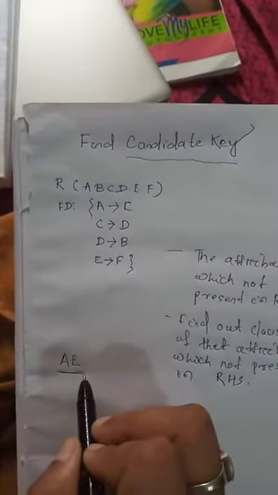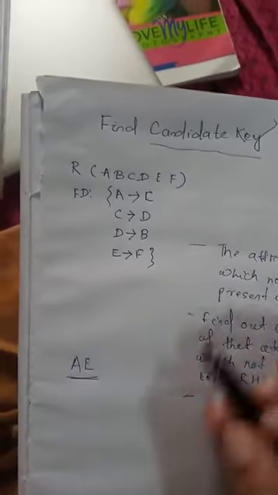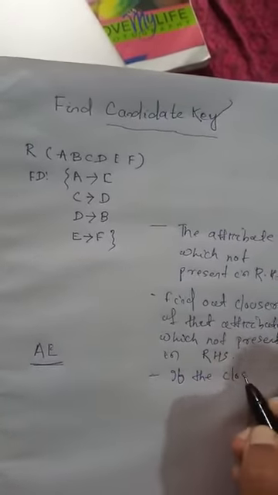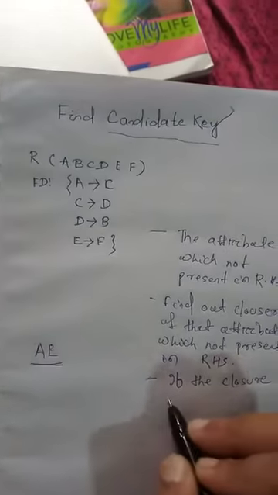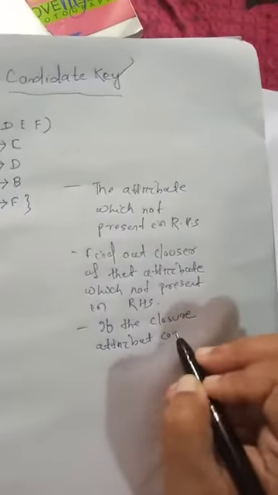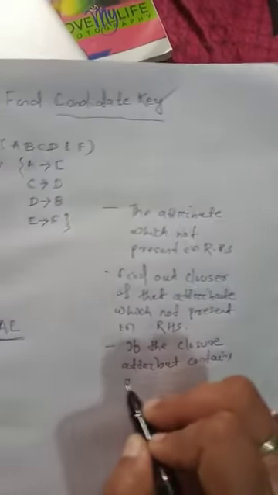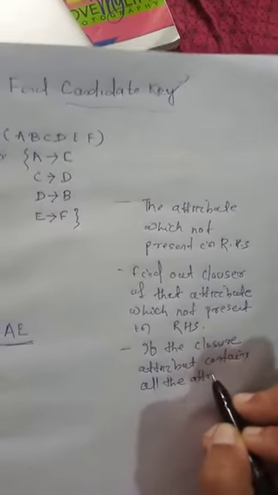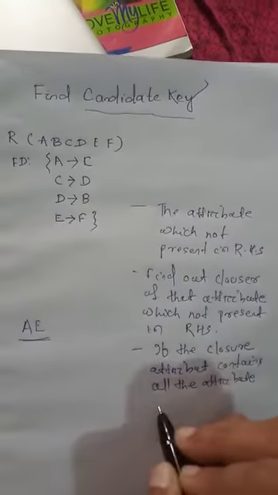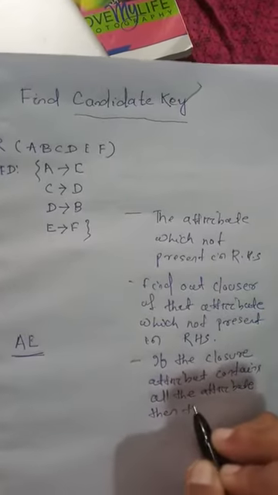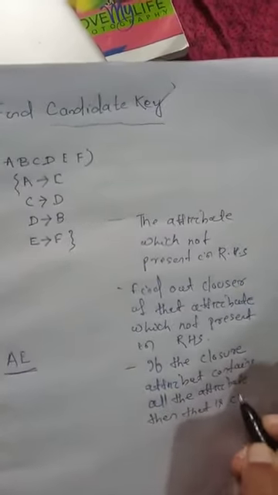Suppose the closure of the attribute, then here there are two conditions. If the closure of the attribute contains all the attributes, then that is the candidate key.